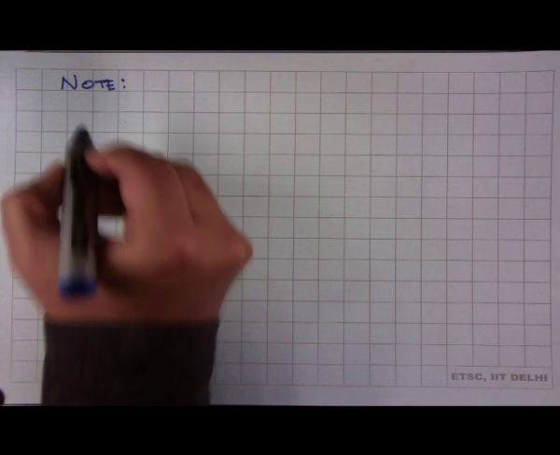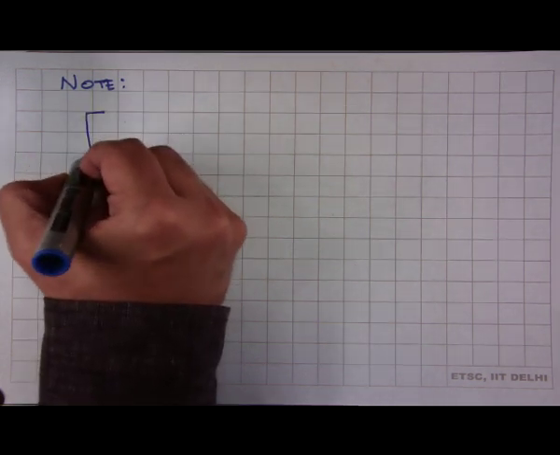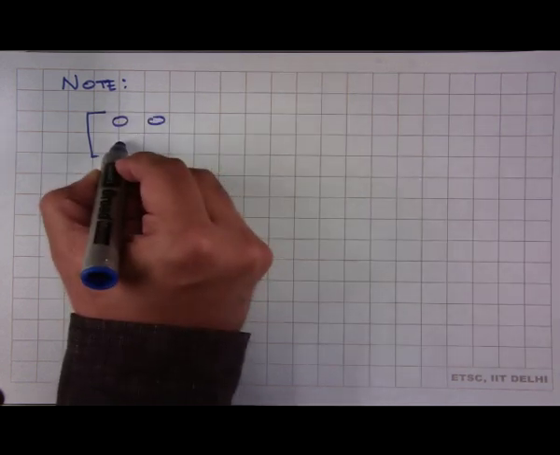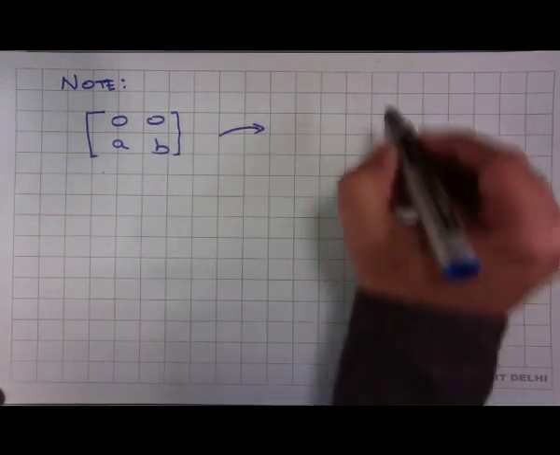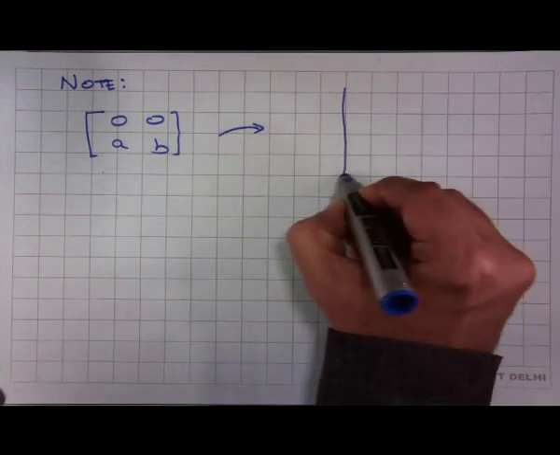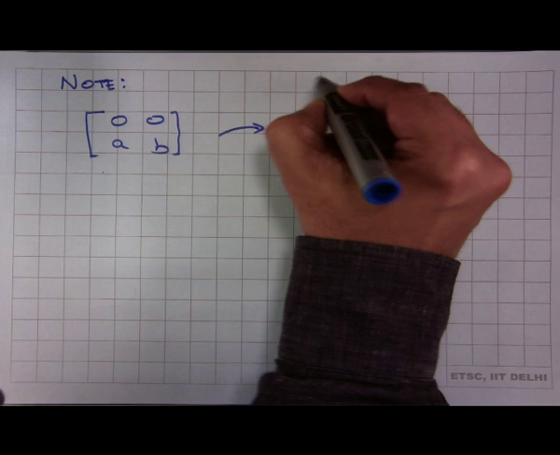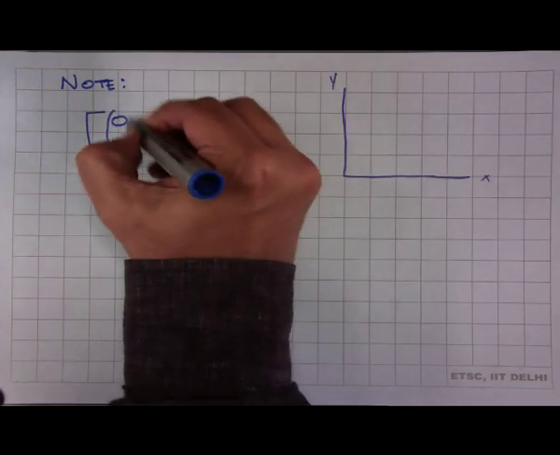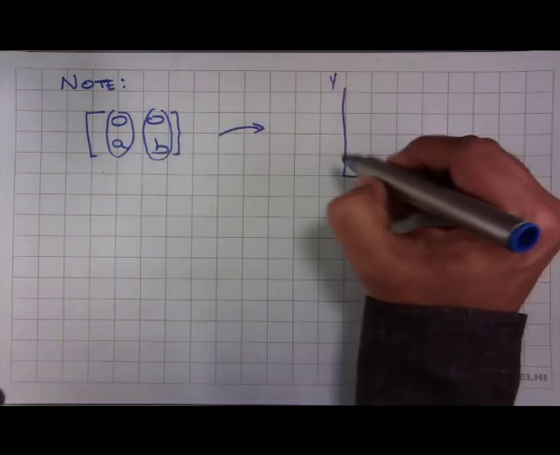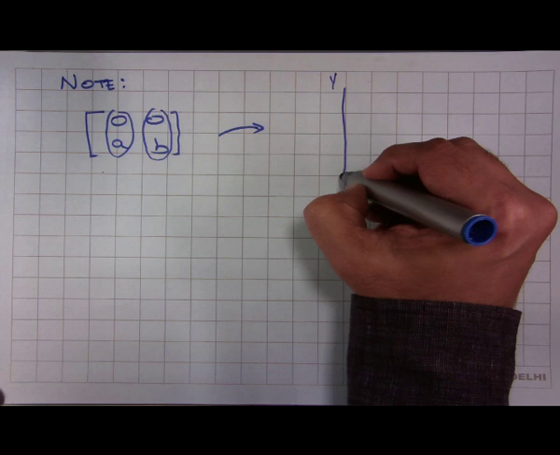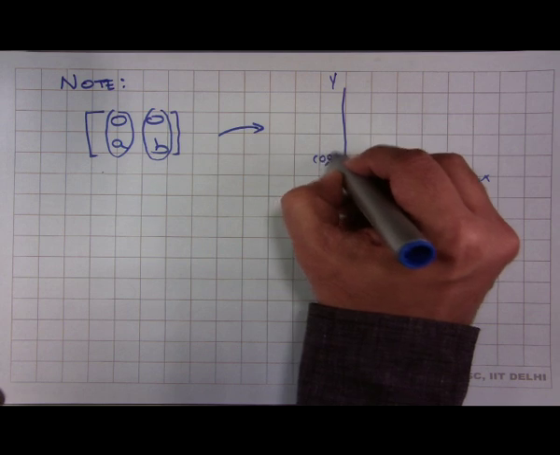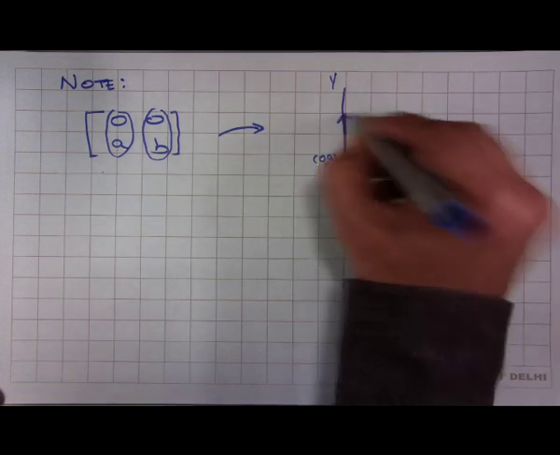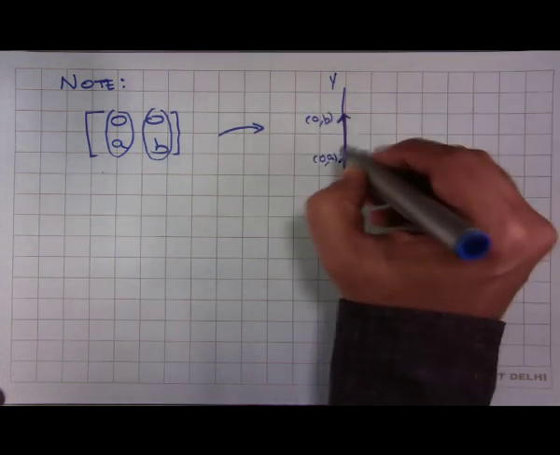So, this is a small note, and that is that if you have a 2 by 2 matrix with one row as 0, and so this could be anything, let us say A and B, and then if you try to sketch this geometrically like we did in the last lecture. So, this is the x axis and this is the y axis. If you think about these as the column vectors, one is 0 A, so maybe this is 0 A, and maybe the other one is 0 B. So, what is the parallelogram over here?